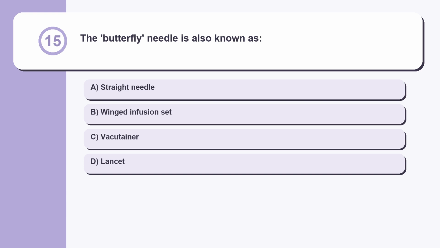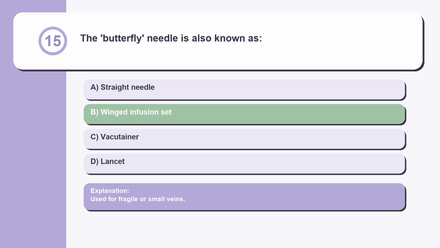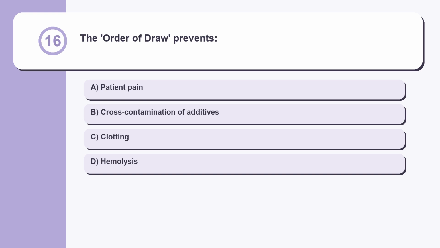Question 15. The butterfly needle is also known as straight needle, winged infusion set, vacutainer, lancet. Used for fragile or small veins. Question 16. The order of draw prevents patient pain, cross-contamination of additives, clotting, hemolysis.